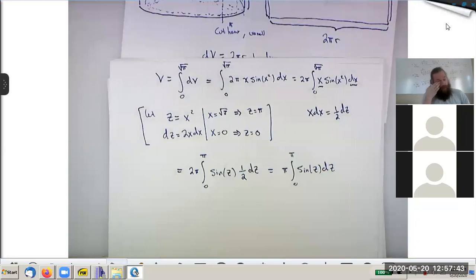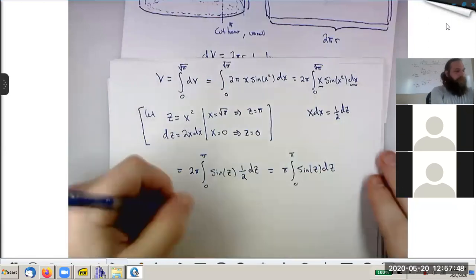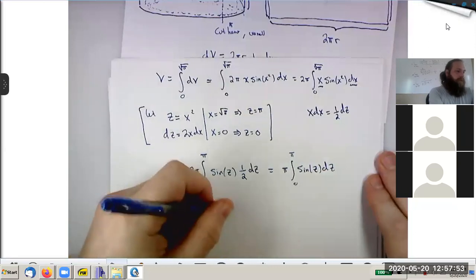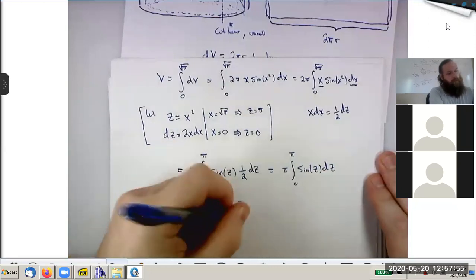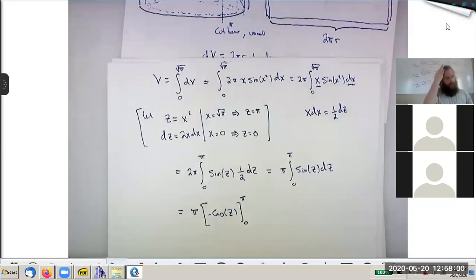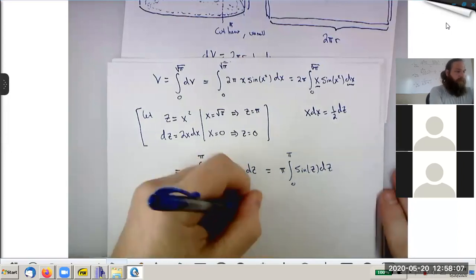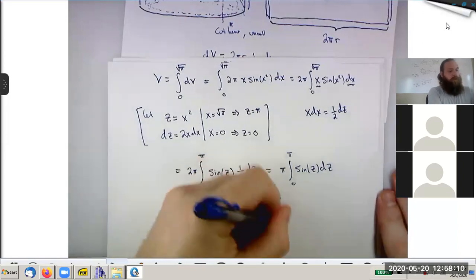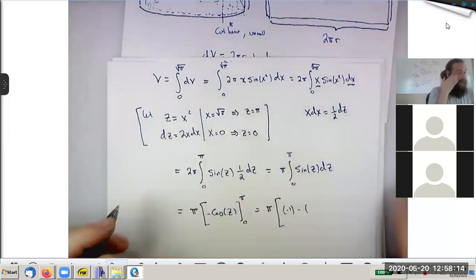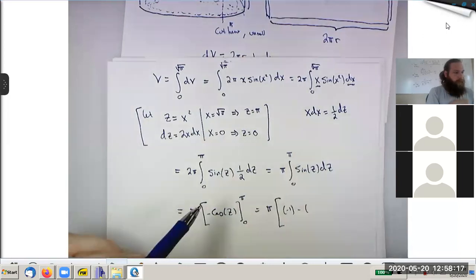An antiderivative for the sine of z is the negative cosine of z. So this is pi times negative cos z, evaluated from 0 to pi. The cosine of pi is -1, and the cosine of 0 is +1. So this is pi times -1 minus, oh wait, I need to do this very carefully.